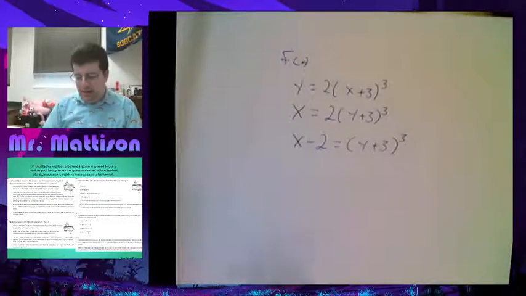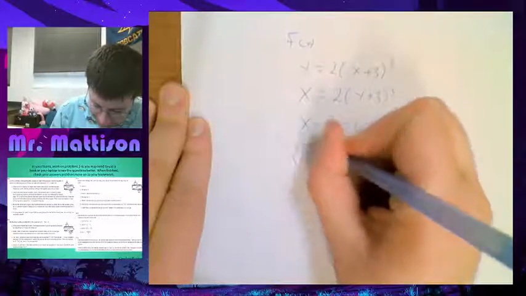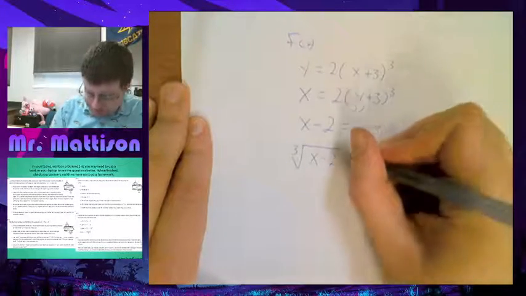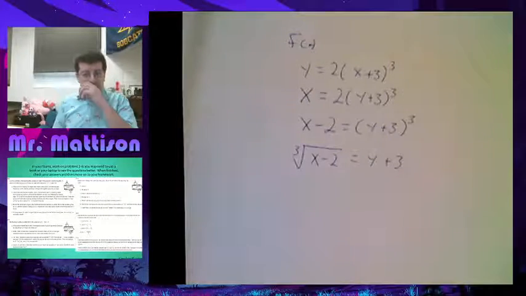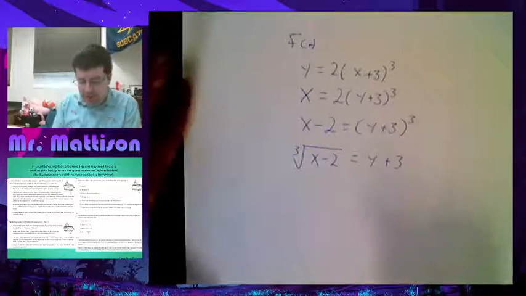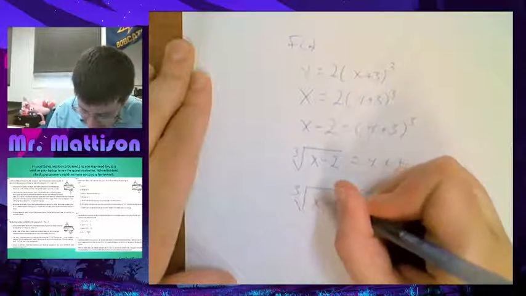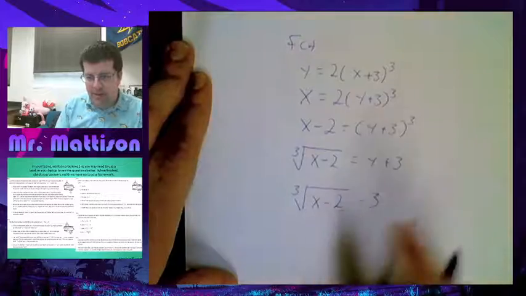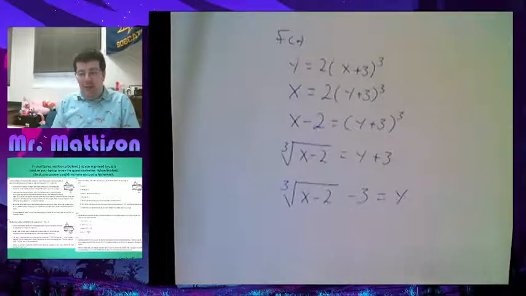And then to get rid of that cube, I want to do a cubed root. If it was a square, I would do a square root, stuff like that. Equals y plus 3. And then how do I get rid of that plus 3? Well, I subtract 3. So that's the cubed root of x minus 2 minus 3, which is not underneath that radical, equals y. So now I've found my inverse.